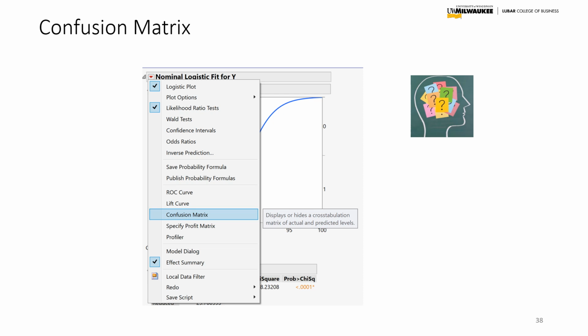And that is reported in what we call a confusion matrix. What a great name. I mean, statisticians are not the best at branding. Here I am as a professor teaching you statistics, and the last name I want to have for you is a confusion matrix, but that's what it's called. And we get at the confusion matrix through the red pull down. Here we see it. Let's choose it and see what we get.